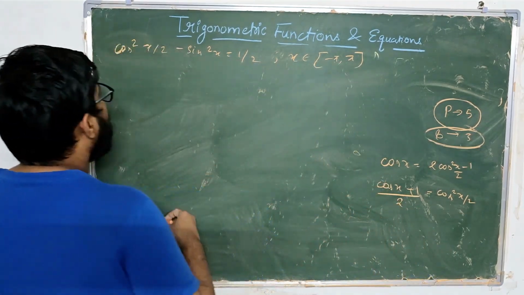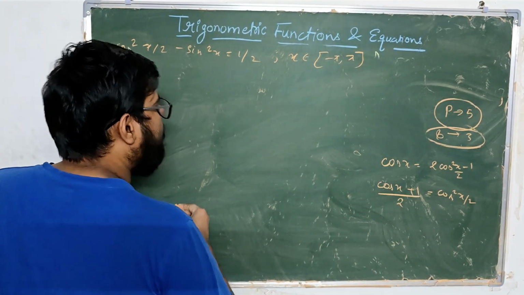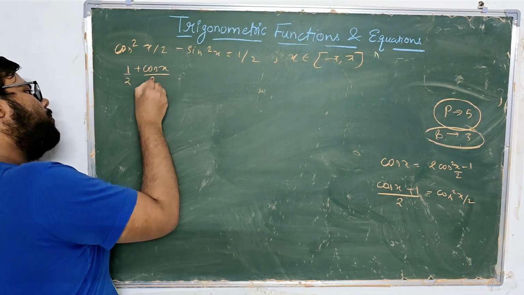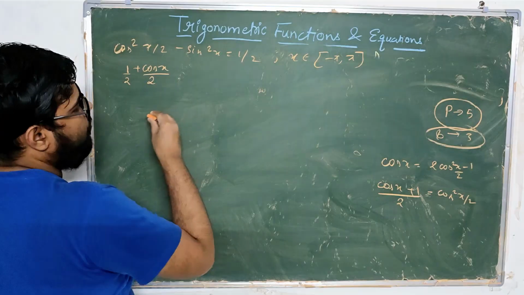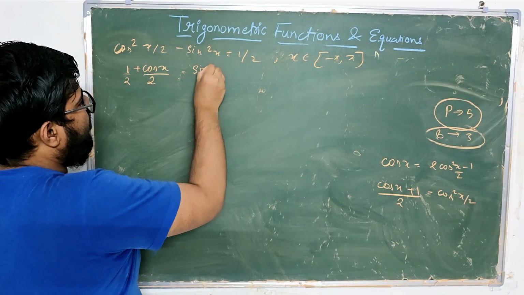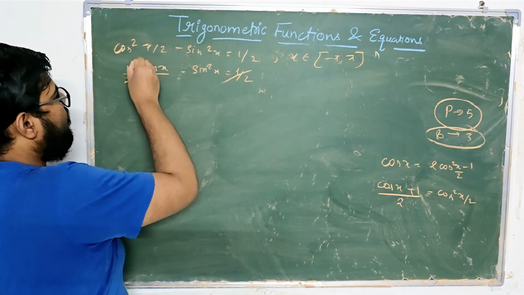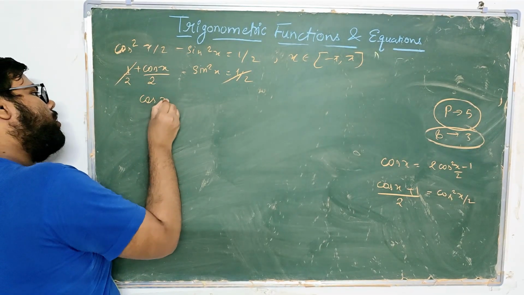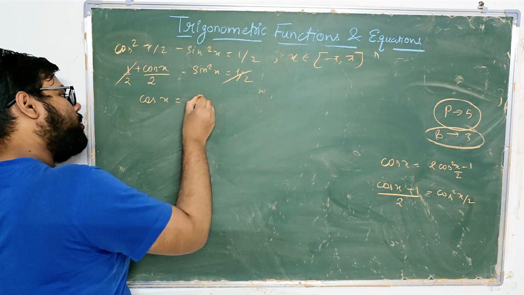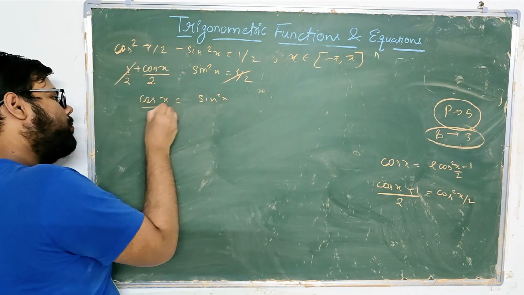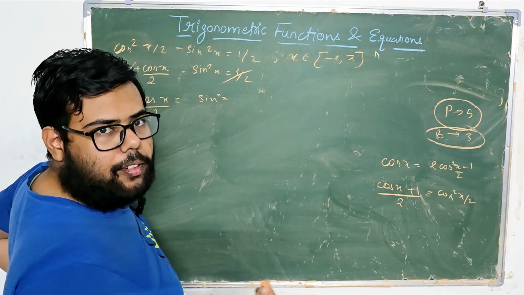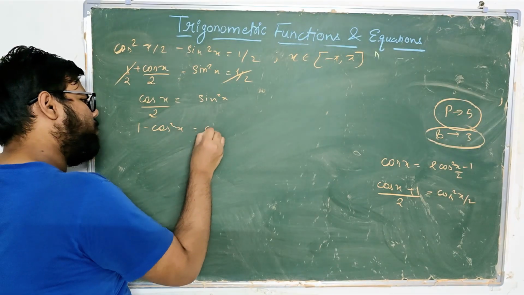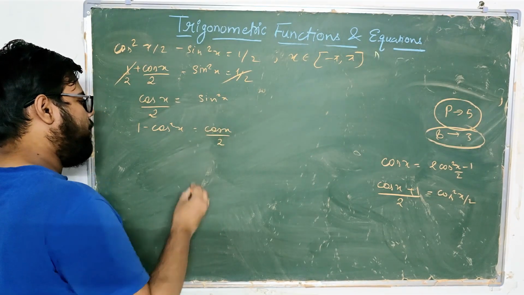Okay, so just substitute it over here. You will get 1 plus cos x by 2, minus sin square x is 1 by 2. 1 by 2 and 1 by 2 get cancelled. So you get cos x is sin square x. So sin square x is equal to 1 minus cos square x, right?